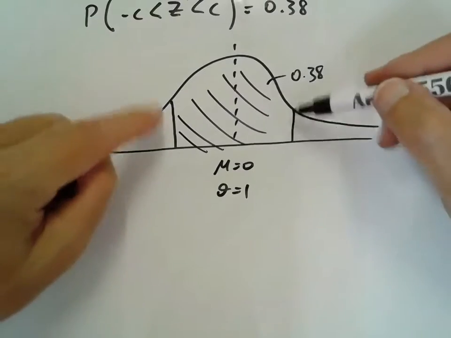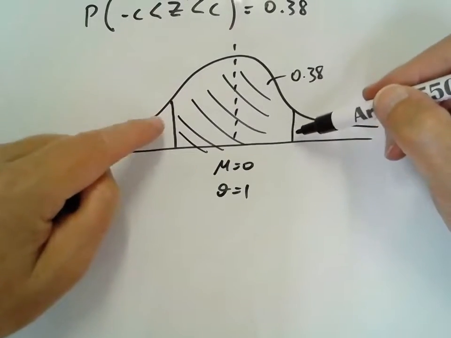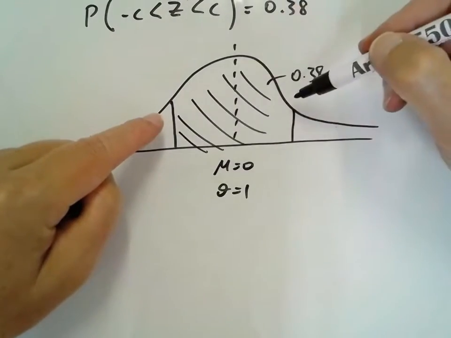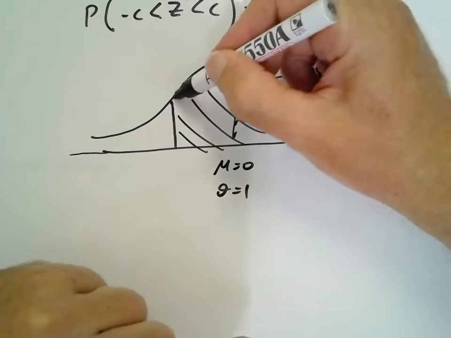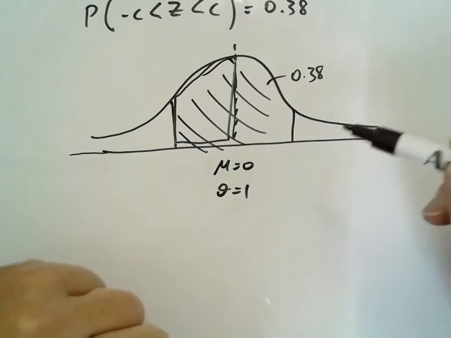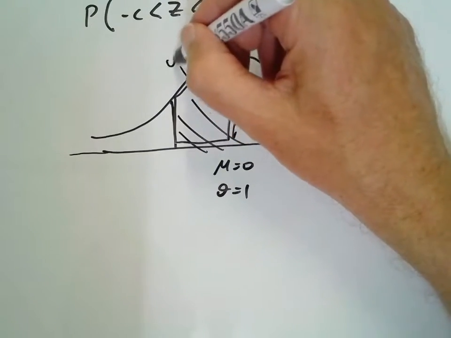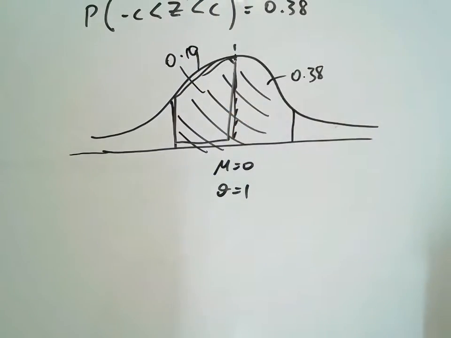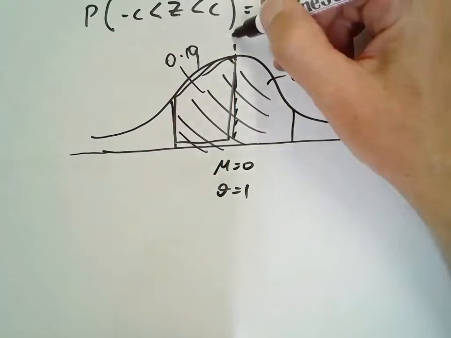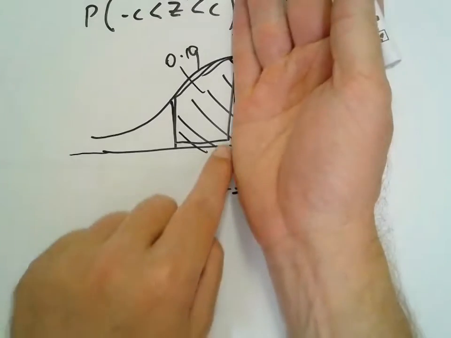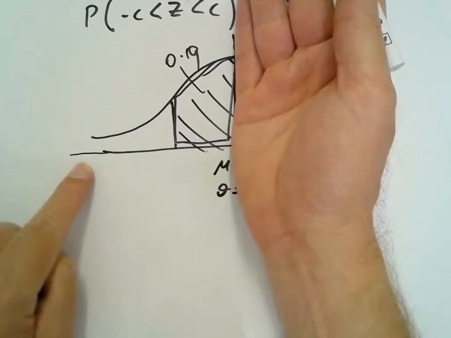Okay, so bearing in mind it's symmetrical, if the full thing's 0.38, then potentially that half there is 0.19. Okay, so if that's 0.19 and this is my halfway mark, that's 50% or 0.5.